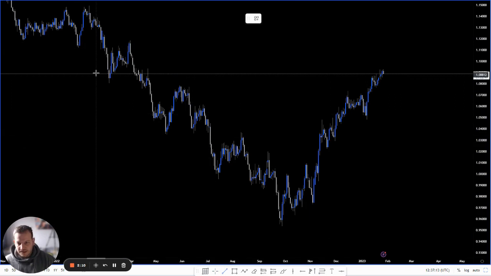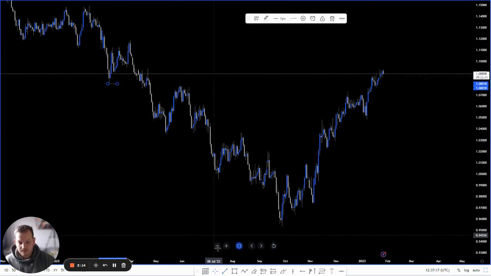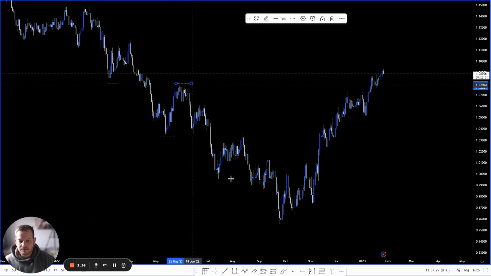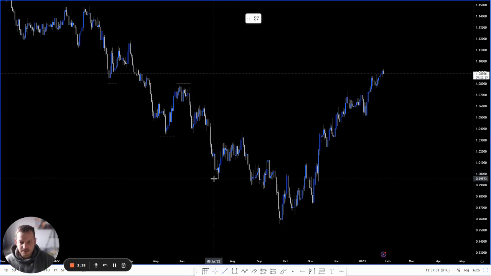So over here, we've got your swing low and the high there. That high broke this low, and then it created a new low, for instance. And as you can see, it's pretty clean price action.